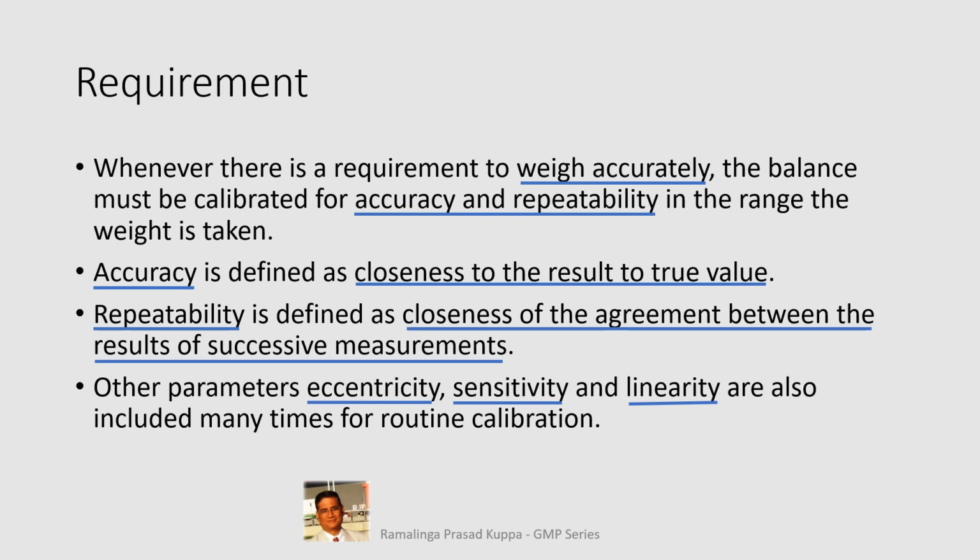Linearity is tested by placing known weights on the balance from near zero to full capacity. It will be linear because if you graph ideal results, you should get a straight line. Linearity is defined as the ability of a scale or balance to show the correct value throughout the weighing range.